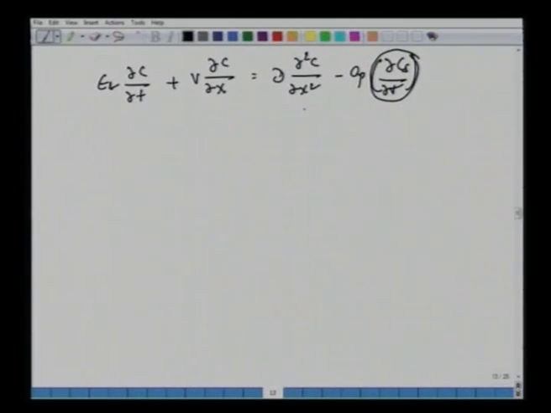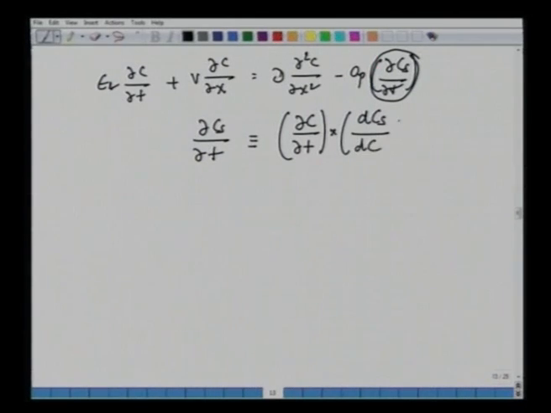So the only thing here is: what is this ∂C_s/∂t? What is the best way? The simplest model which is used is quasi steady state, where we say that the change in the surface concentration is proportional to the gas phase or liquid phase concentration. So this is equal to ∂C/∂t into dC_s/dC. This is an approximation here.